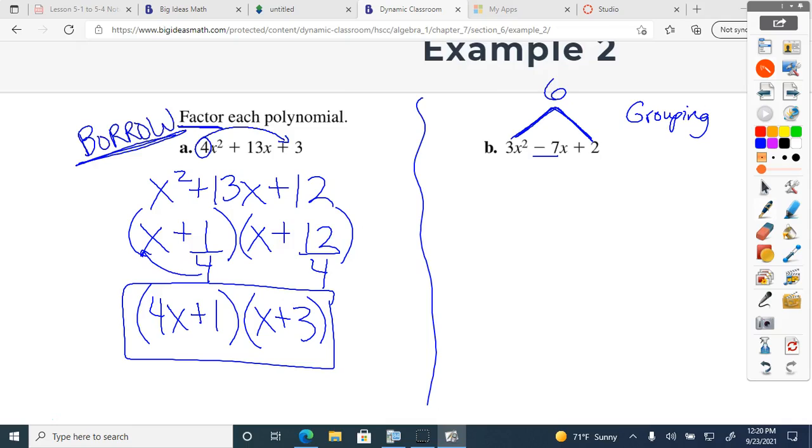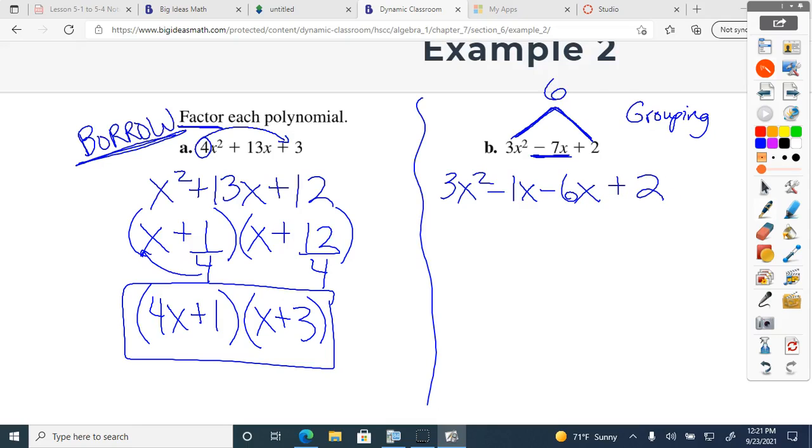Rather than doing like we did here, I'm going to change this -7x to those 2 numbers. I'm going to say 3x squared, and rather than writing -7x, I'm going to write -1x minus 6x. Now, what does that add up to? -7x, plus 2.